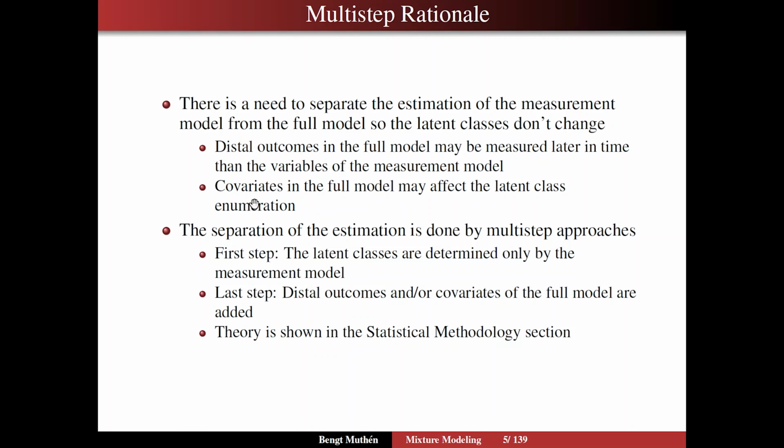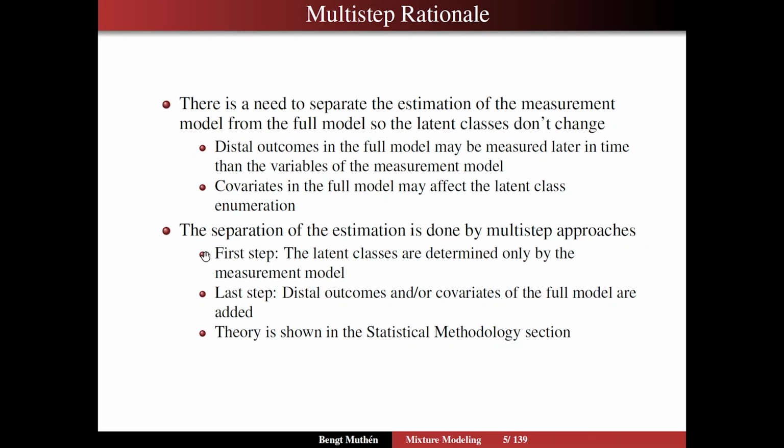Covariates in the full model may also affect the latent class formation and the determination of the number of classes, and it's inconvenient to have them influence the latent classes. When you want to experiment with different sets of covariates, you would have to do the latent class enumeration over again. So the separation of these 2 estimation steps is done by the multi-step approaches that I'm going to present.